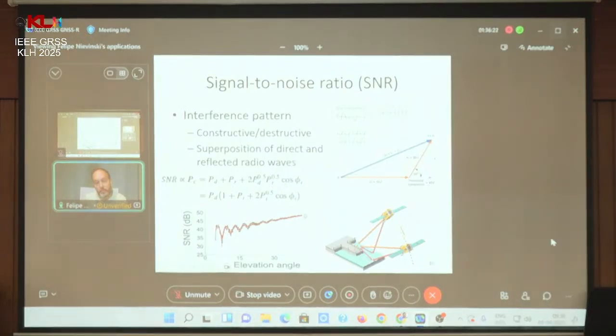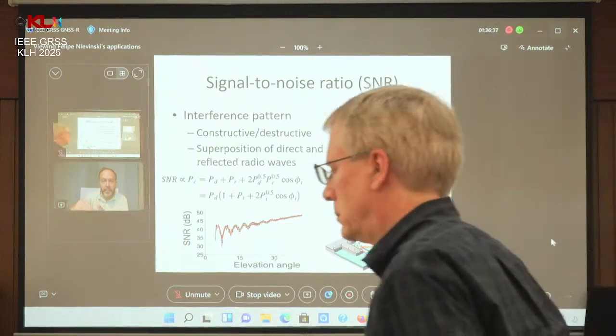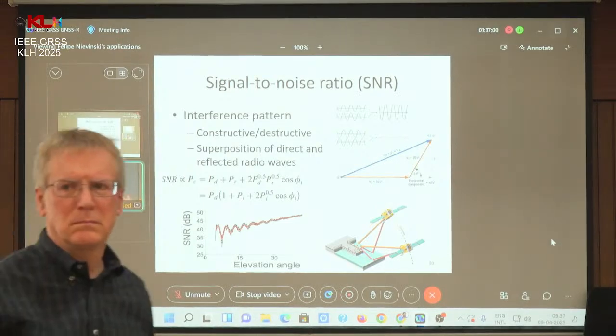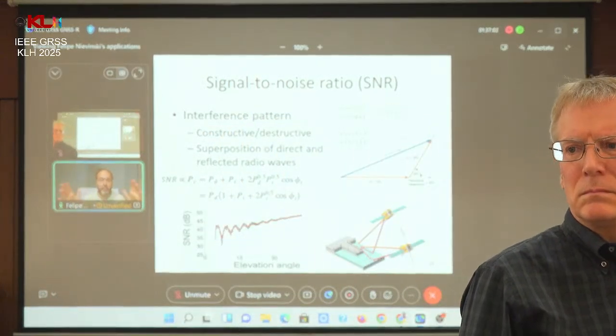So, as I said before, the trend observed in the signal to noise ratio is basically the direct power as reaching the receiver. So, after the antenna, PD and PR already include the antenna gains in each of them. Because the power density of the radio waves reaching the antenna, before the antenna has an opportunity to amplify signals, is more or less constant.